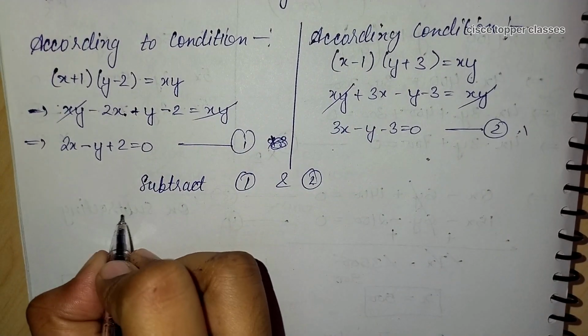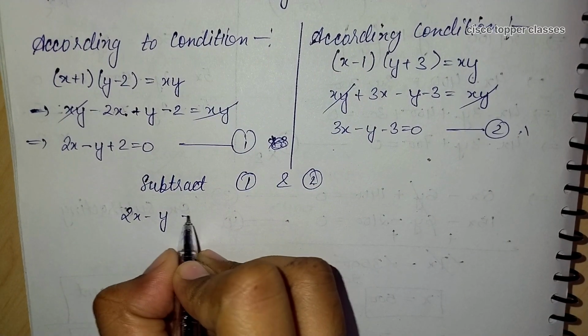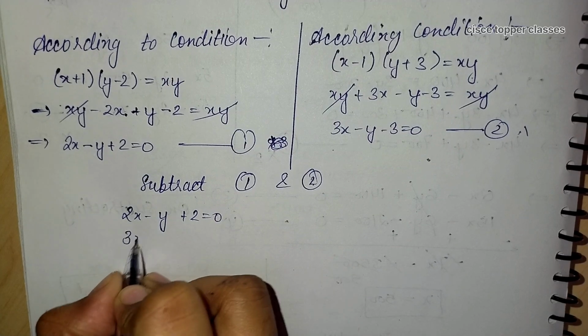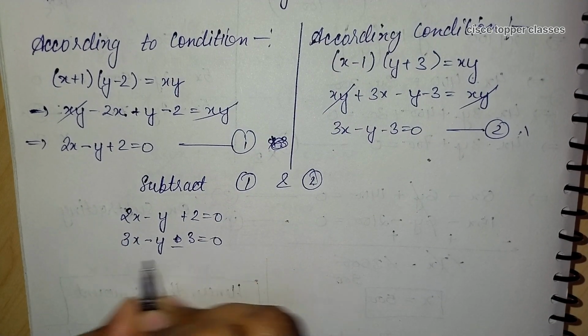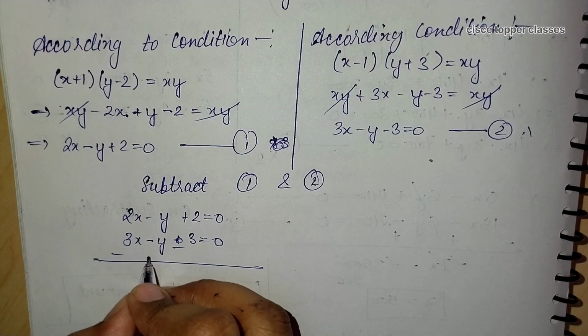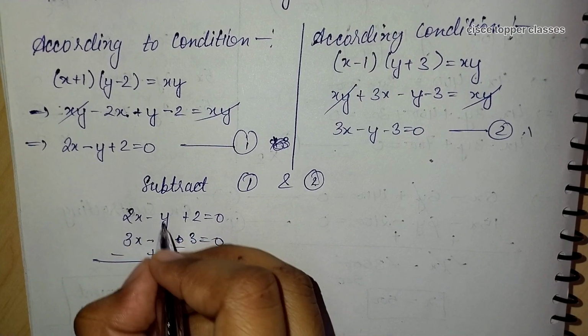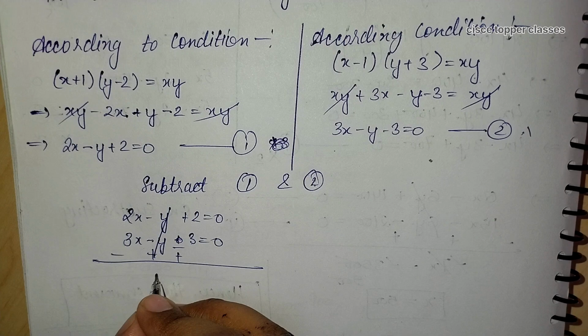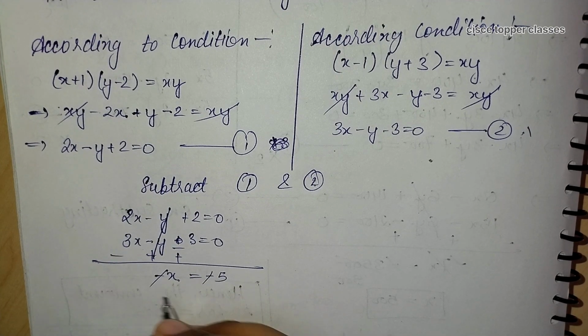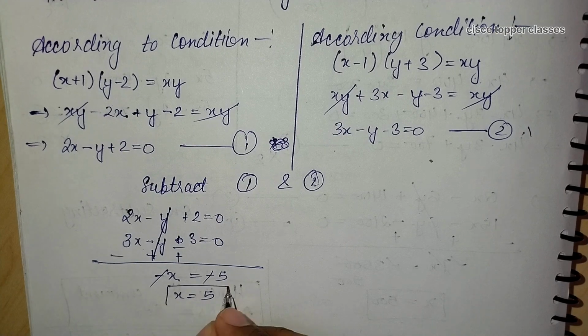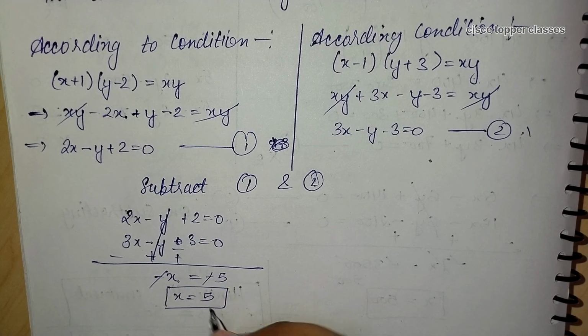On subtracting, we will get 2x minus y plus 2 equal to 0, and here 3x minus y plus minus 3 equal to 0. Here we will get minus plus plus. So this will be cancelling out. Here we will get minus x equal to minus 5. So x is equal to 5 from here, means the number of students in one row is equal to 5.